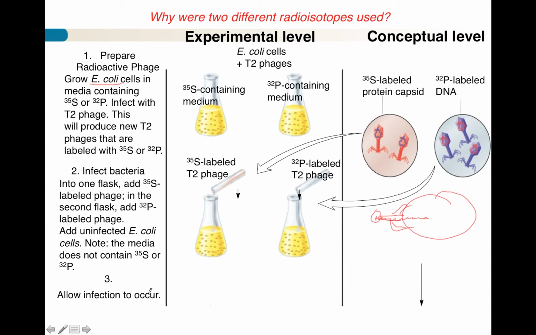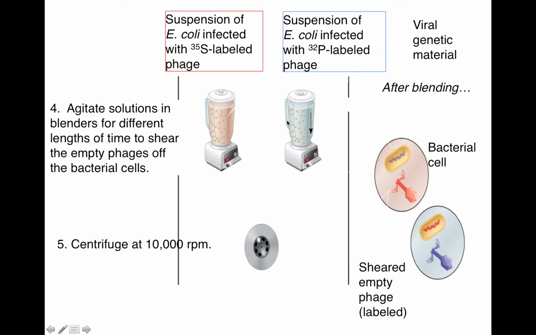Okay, so you allow the infection to occur, and after a short period of time, you're going to agitate the solutions in a blender. You put the S35 labeled bacteriophage into one blender, your P32 labeled bacteriophage and bacteria into another blender, a few quick pulses, and you can knock the phage particles off of the bacteria.